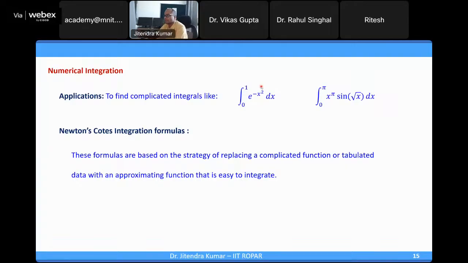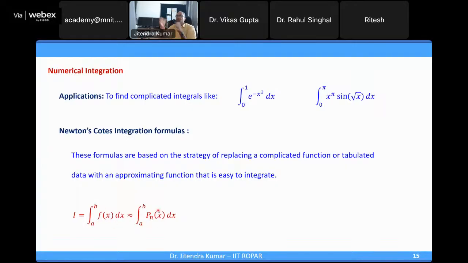We want to approximate this function with a polynomial, or interpolating polynomial. That is the whole idea. So we want to approximate this f(x), which is complicated and we can't evaluate this integral exactly, by this P_n(x).